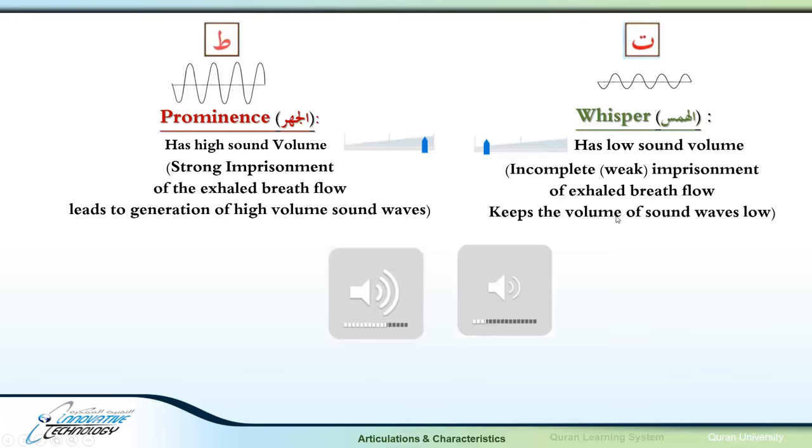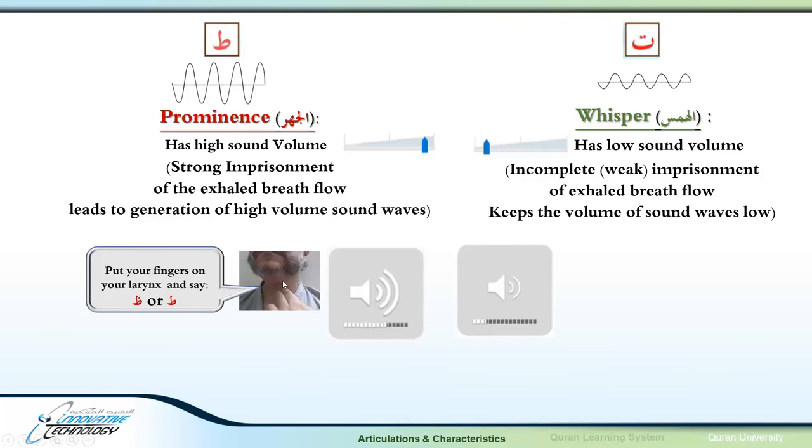If we put our fingers on our larynx and say ut, then we can feel the vibration of the sound cord transferred towards our fingers on the surface of the skin, and that's due to the high volume of the oscillation.